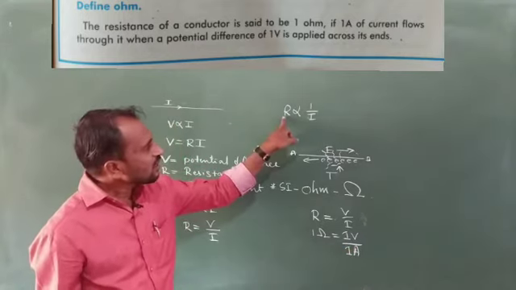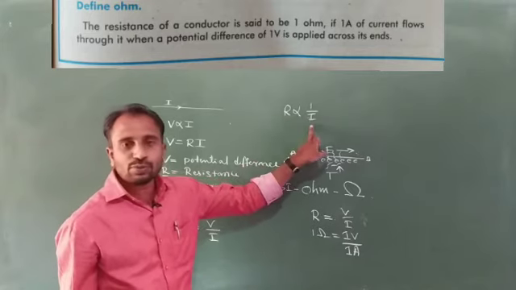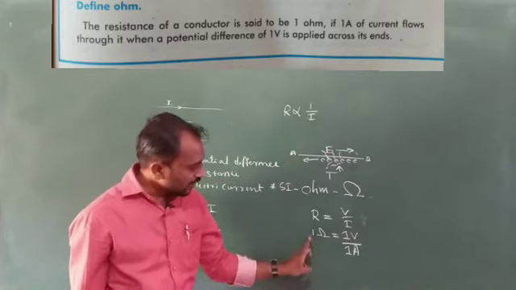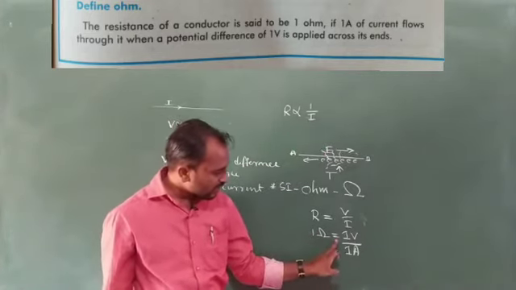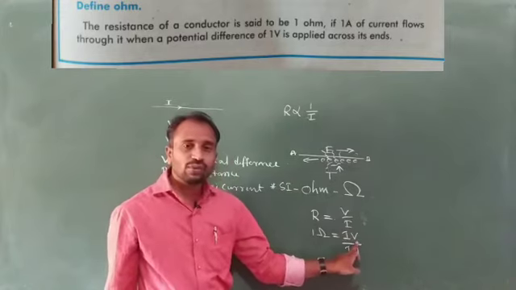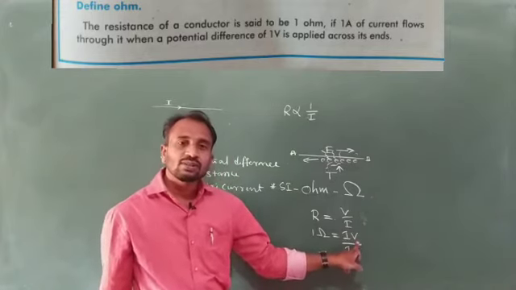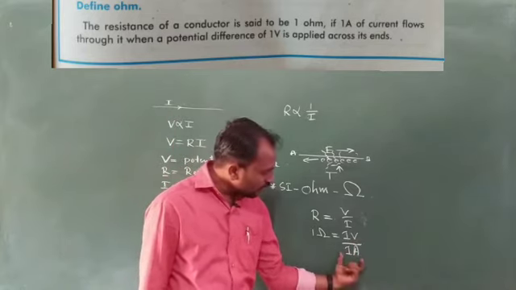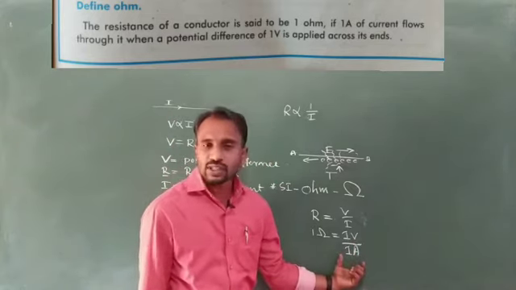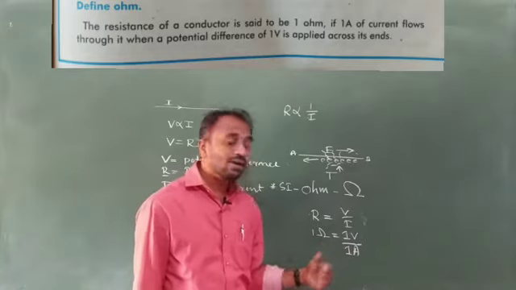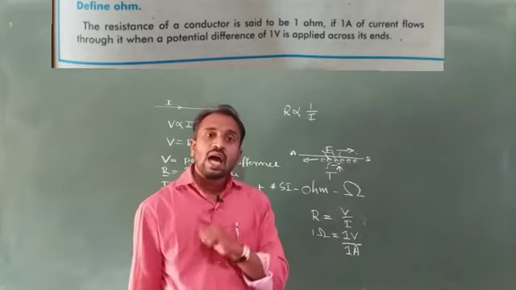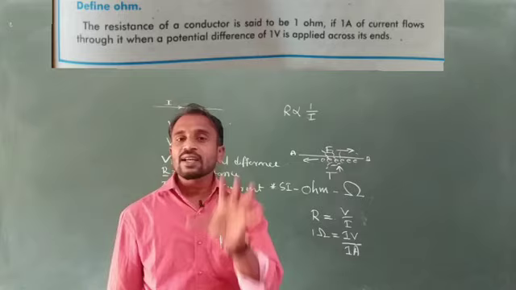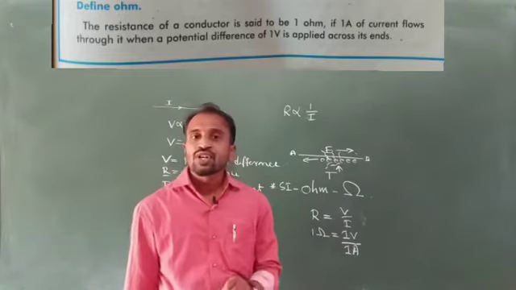So this resistance is inversely proportional to the electric current, and 1 ohm of resistance is nothing but 1 volt of potential difference across two ends of a conductor with 1 ampere of electric current flowing through it. And this resistance is directly proportional to the temperature. Why?